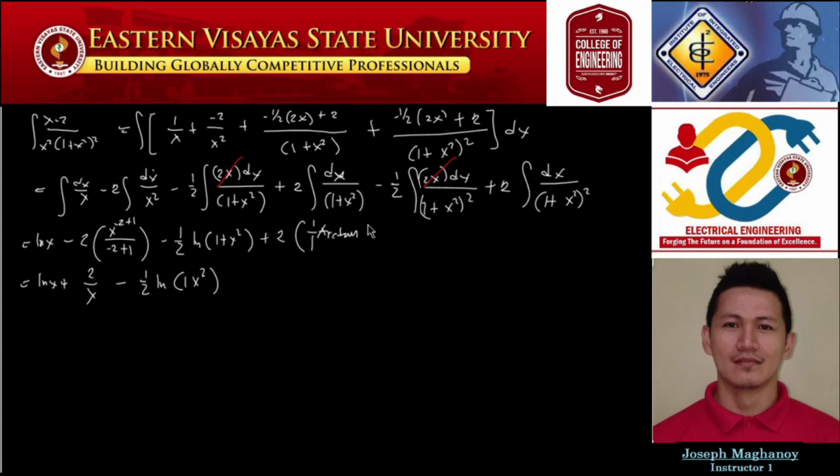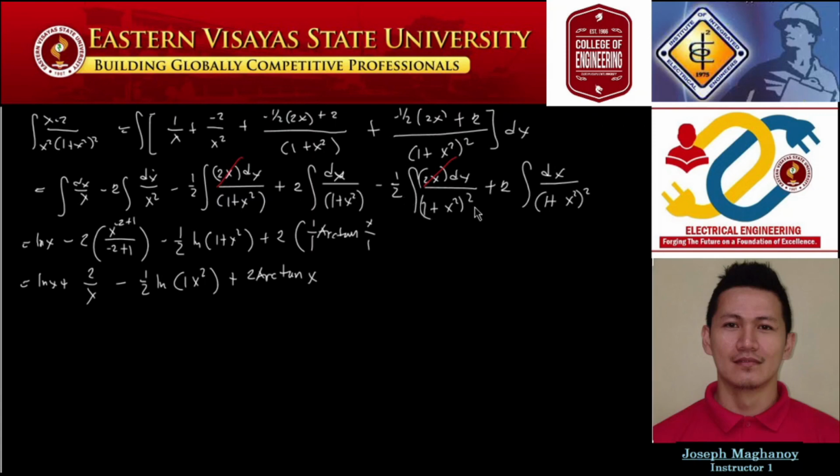Our u is x. Then our a is 1. So if we rewrite this one plus, it will become 2 arctan x. They're only over 1. Okay, so let's proceed to our fifth term.